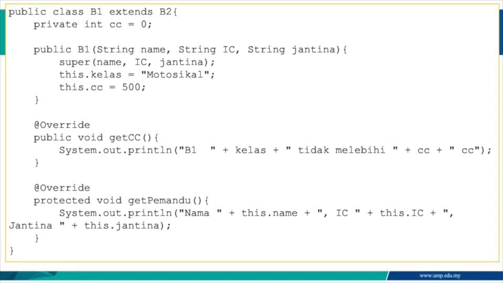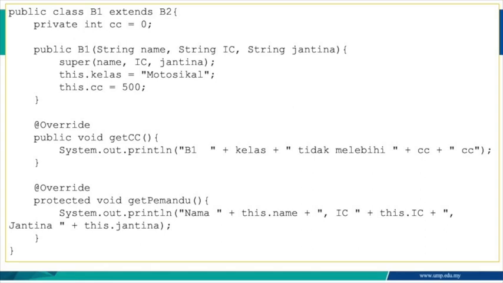That means here is the hierarchy. So Pemandu is the main parent, B2 is the child, and then B1 is the child of B2. So there are three layers of relationship here.